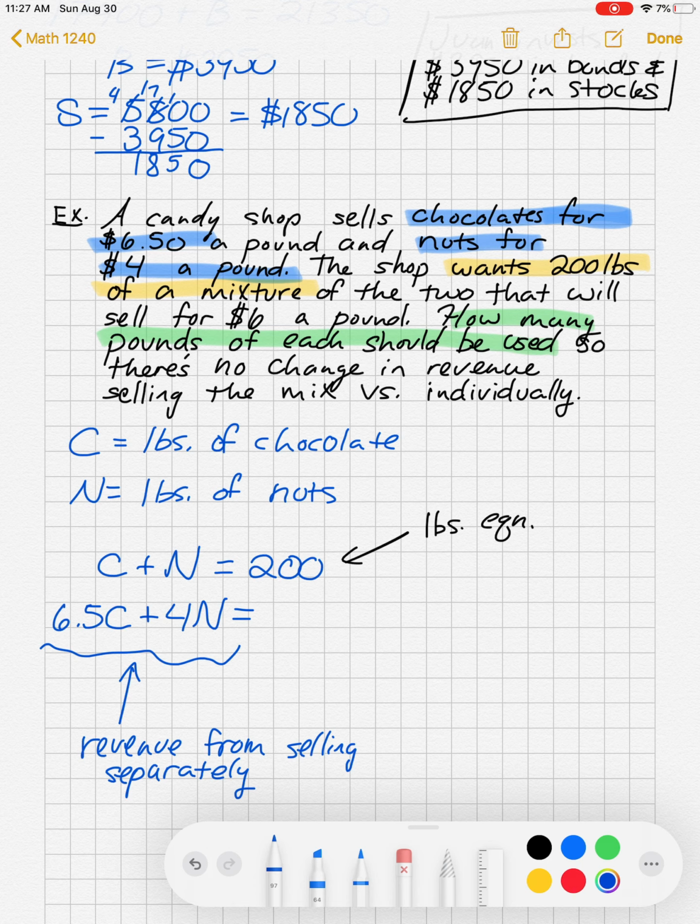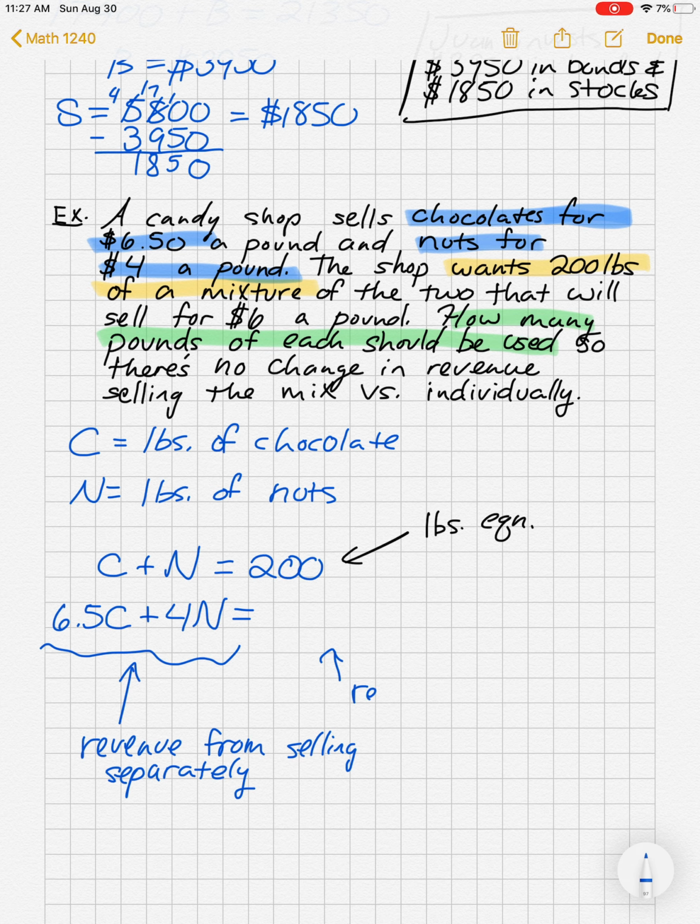Okay, so the mixture, let's see. That's going to sell for $6 a pound. But how much is there going to be? There's going to be 200 pounds of that mixture.